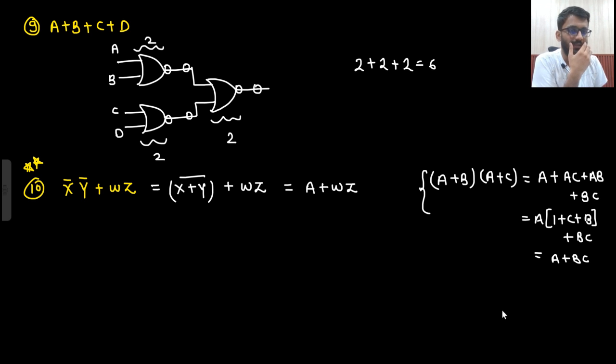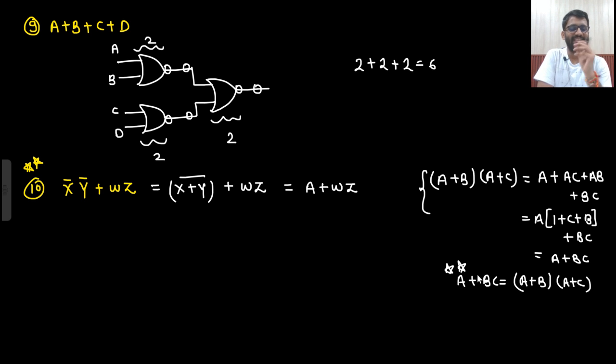So A plus BC can be replaced with A plus B into A plus C. This theorem is known as consensus theorem. What is the name? I don't know. I guess this is the name only, because the name is not important. So A plus BC can be replaced with A plus B into A plus C. Because you solved it, you got A plus BC. Anything in addition to 1 is 1 only. So A plus BC I am getting.